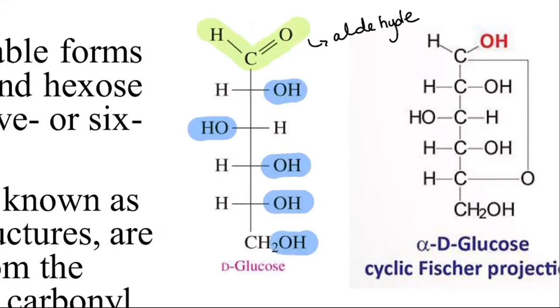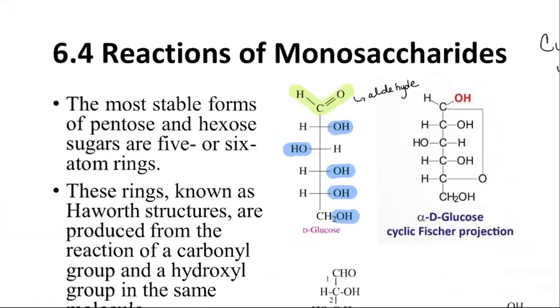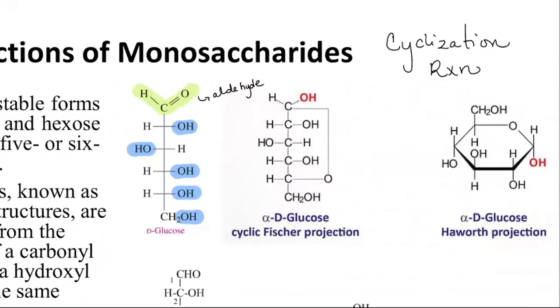Now, understand that having hydroxyl groups nearby an aldehyde, we can actually do a cyclization reaction. This cyclization reaction that is happening right here is called an aldol reaction. Okay?